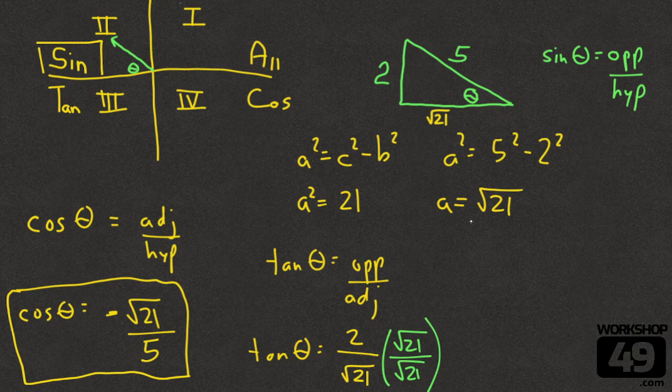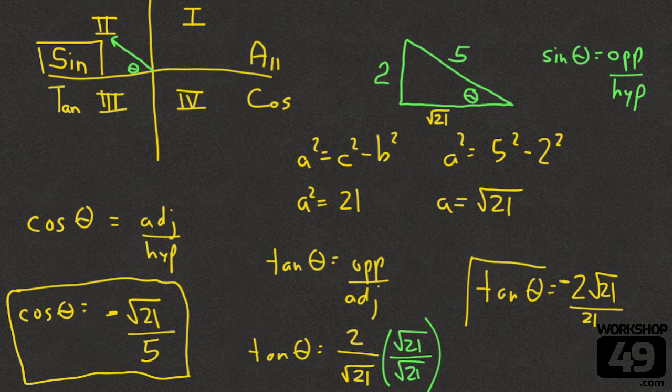We're going to get a final answer of tan of theta equals 2 root 21 over 21. Double check our quadrant. We're in quadrant 2. Is the tan allowed to be positive in quadrant 2? It is not. Only sine is allowed to be positive, which means this answer also has to have a negative, and that is our second trig ratio.